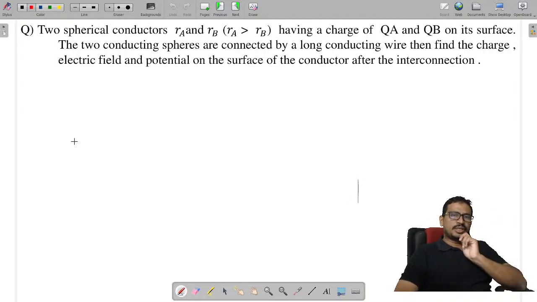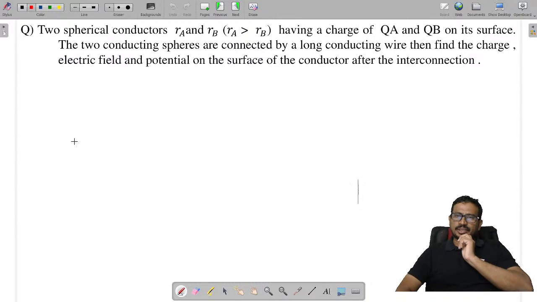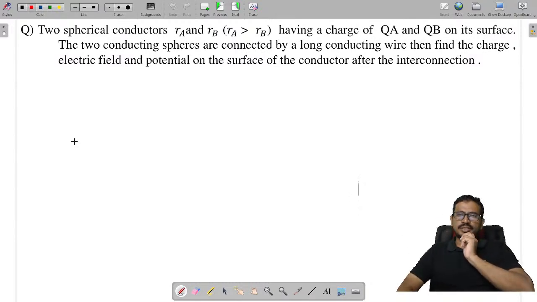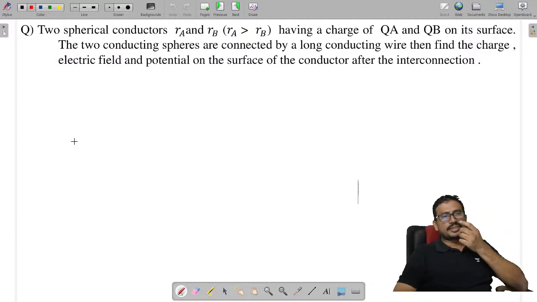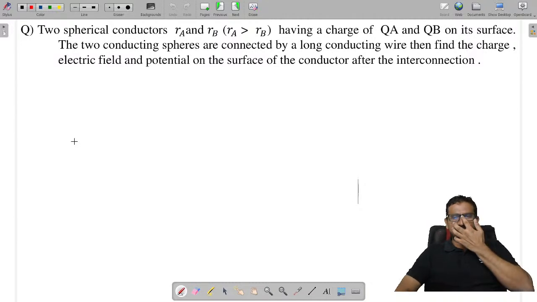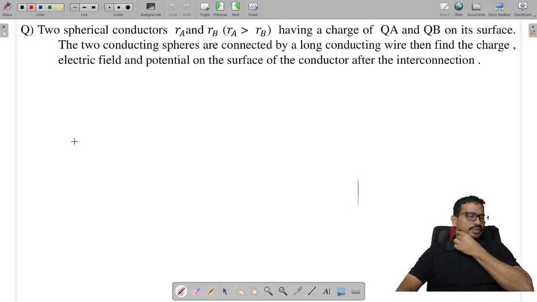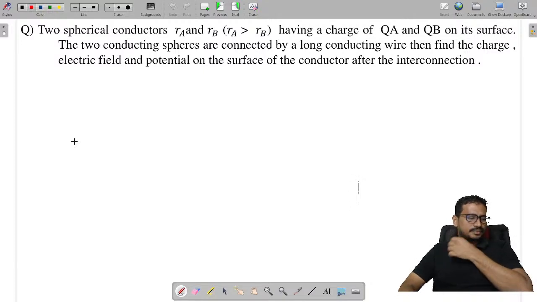The two conducting spheres are connected by a long conducting wire. Then find the charge, electric field and potential on the surface of the conductors after the interconnection.